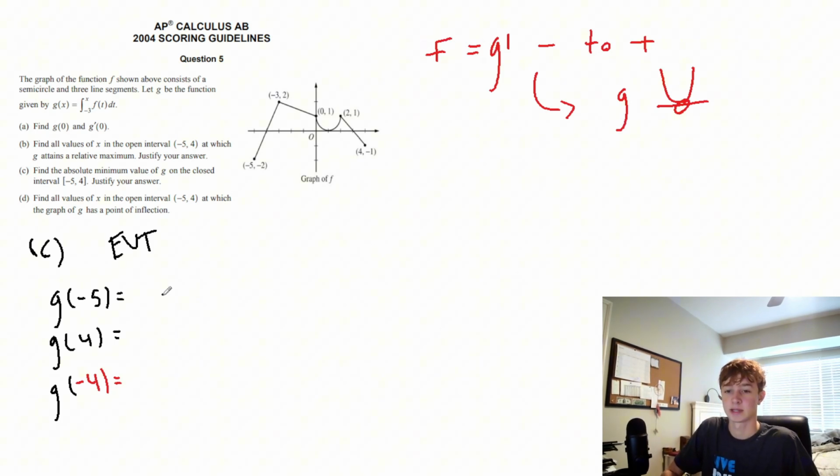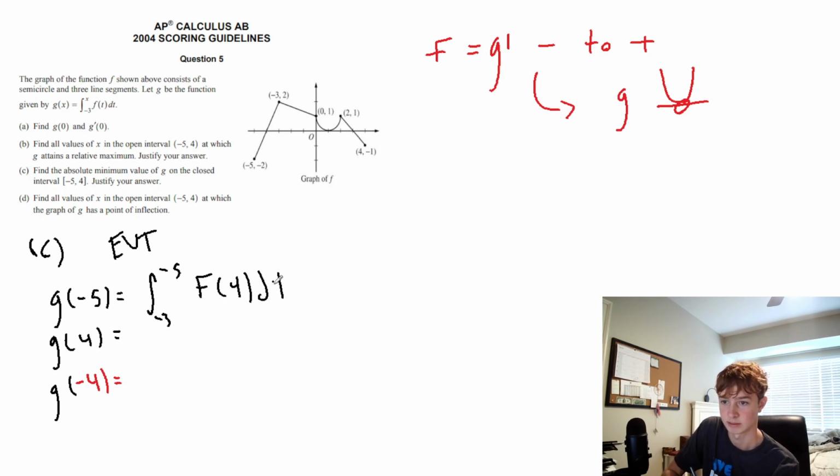So first let's test g of -5. All we have to do is plug -5 into g. So that's going to be equal to the integral from -3 to -5 of f of t dt. We can't do that because the b value is less than the a value.